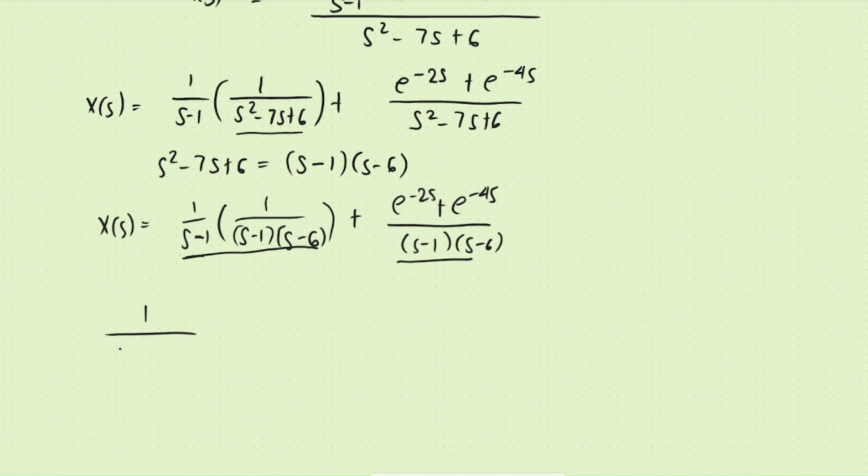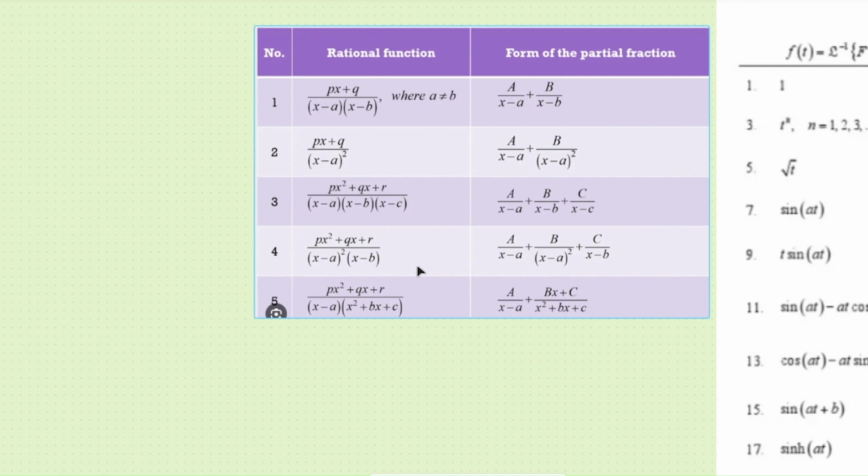1 over s minus 1, partial fraction decomposition. We can temporarily forget about the expression e to the negative 2s plus e to the negative 4s, and deal first with 1 over s minus 1 times s minus 6. The form that is similar to that is this one, right?